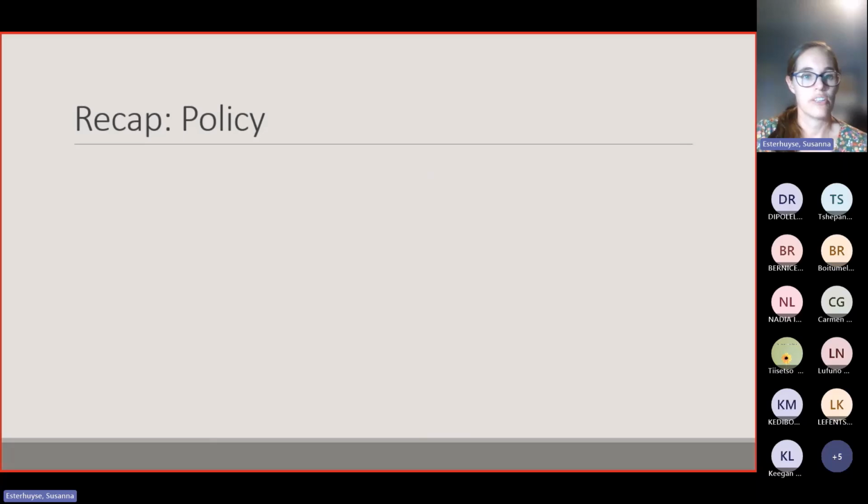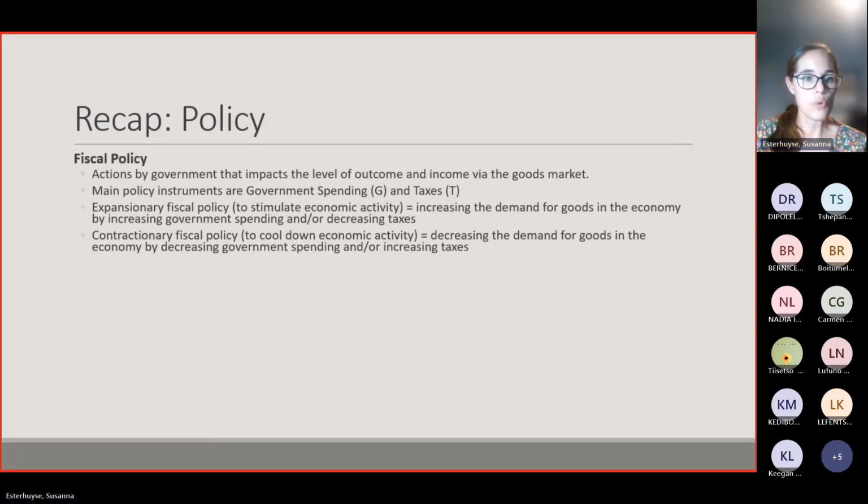Okay, so let's have a recap on the policies that we are going to consider. The one is fiscal policy. Fiscal policy is the actions by government that impact the level of output and income via the goods market, and the instruments being used are government spending and taxes. If we consider expansionary fiscal policy, this is the policy implemented to stimulate economic activity.